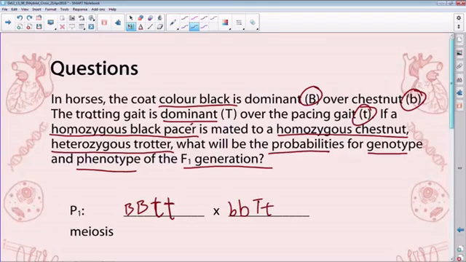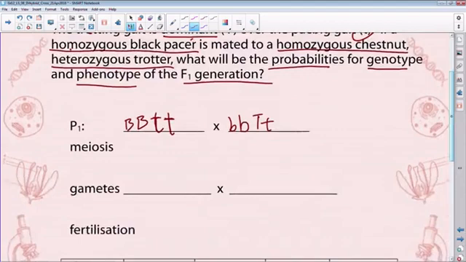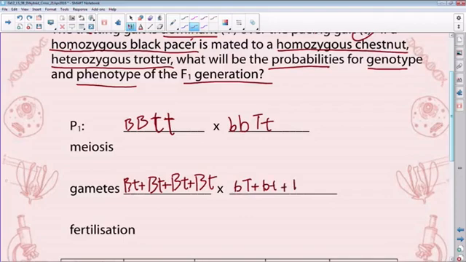Okay, so let's cross them over. The gametes are going to be big B, small t, big B, small t, big B, small t, big B, small t. And remember, you need to put the and sign in there. Over here, it's going to be small b, big T, and small b, small t, and small b, big T, and small b, small t.